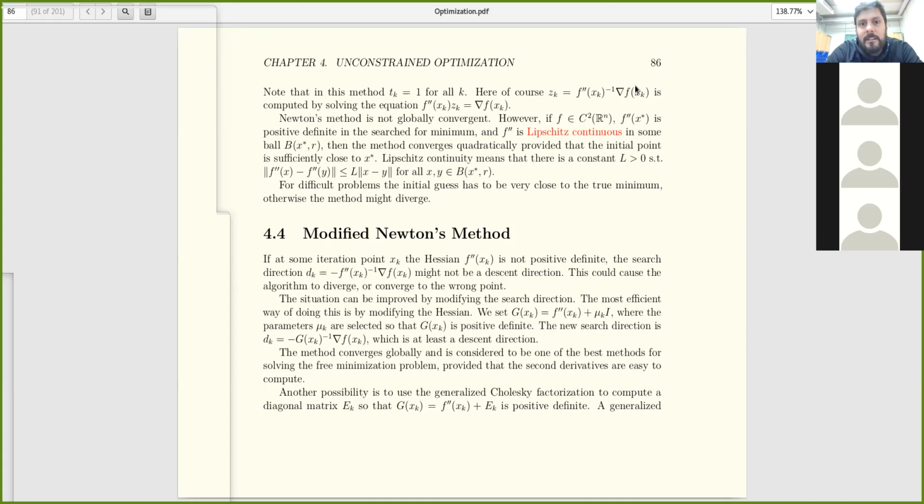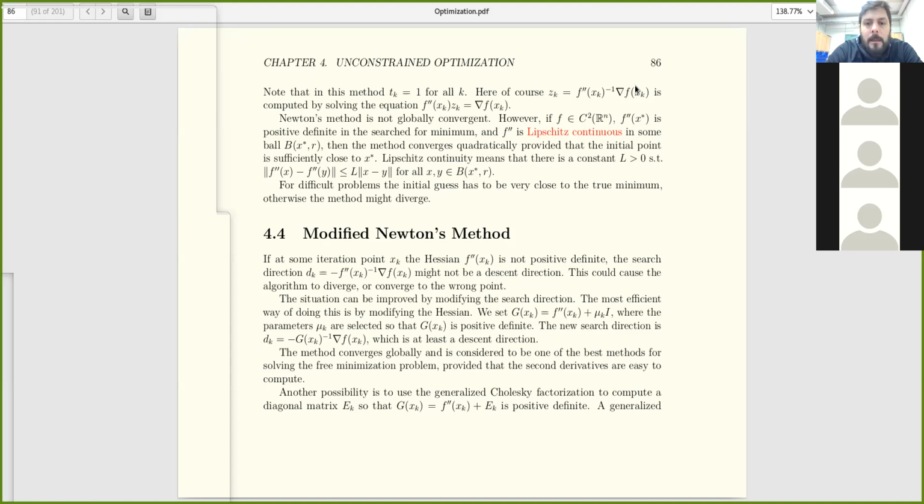The positive definiteness is in the conditions of convergence. Lipschitz continuity, well, that's a bit of a tall order. It's not always easy to figure out when it is Lipschitz continuous near the optimum. We can't really say that in general. So for that, there's a problem. But let's look at the positive definiteness argument.